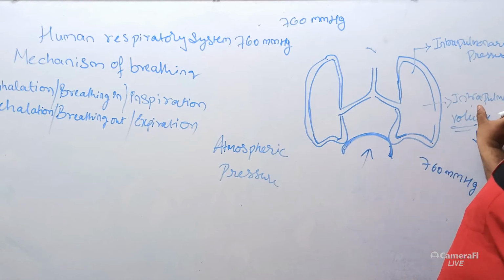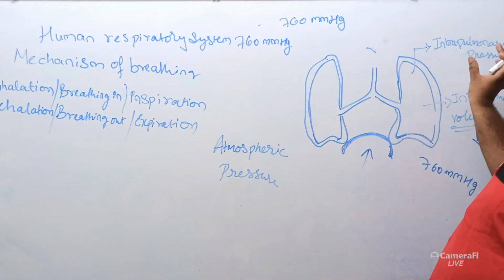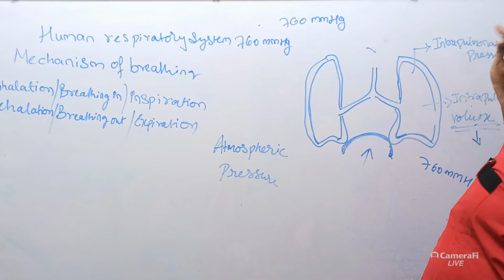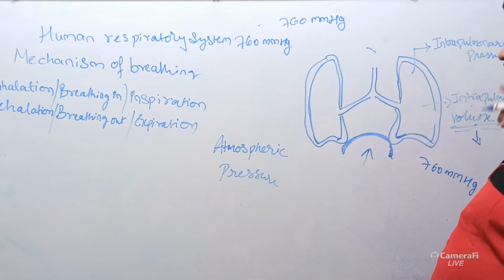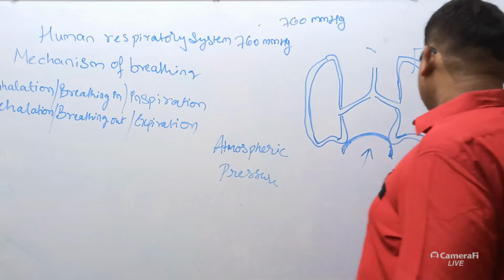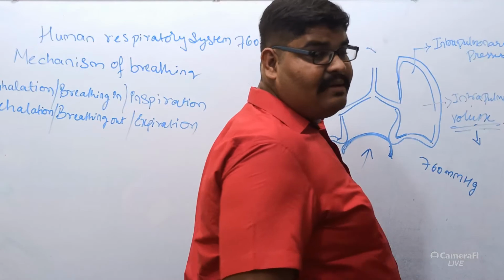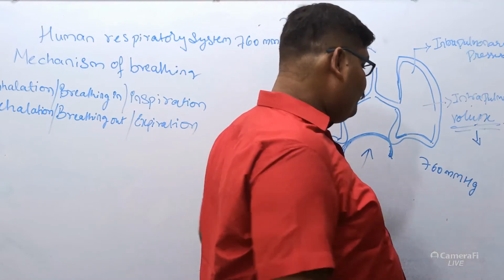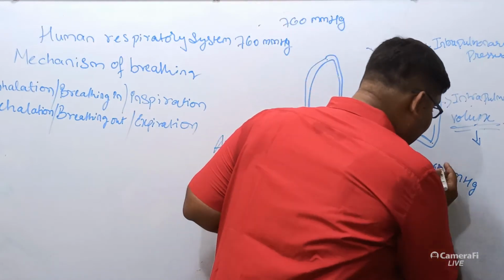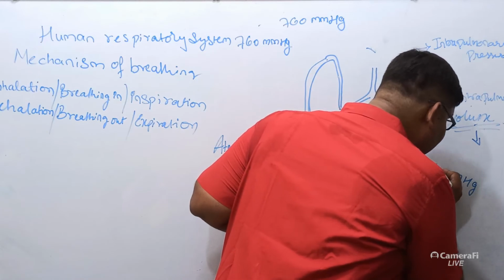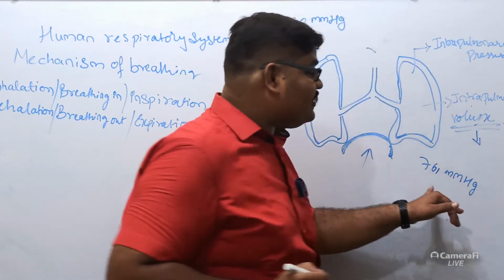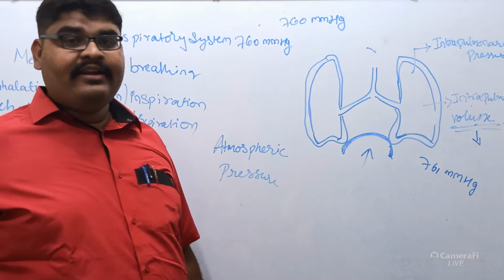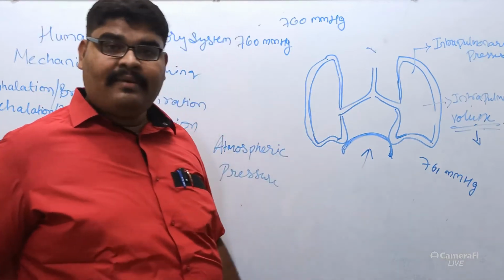So this decreases, this will increase. Instead of 760 mmHg, the pressure inside the lungs is now 761 mmHg.